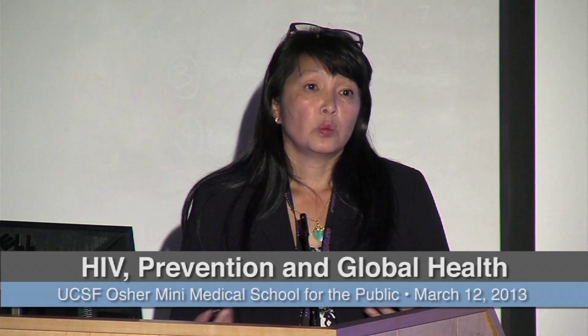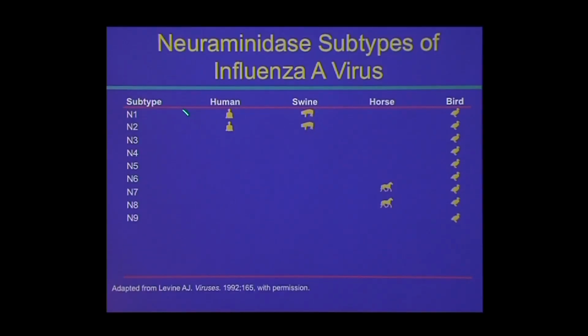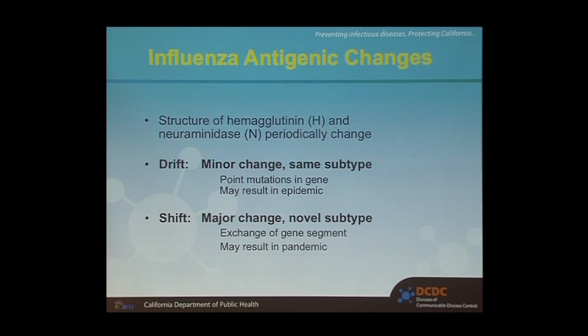And the point of the slide is that influenza will never be eradicated, unlike polio, unlike measles, because we have a huge animal reservoir where the virus can hide and live and replicate and evolve, and then pass it back on to humans. So likewise, the neuraminidase protein, there are 9 different types. And again, wild birds are the major reservoir where all 9 different subtypes of neuraminidase can circulate and survive. So influenza is unique because these surface proteins can change. And so we have 2 types of change.